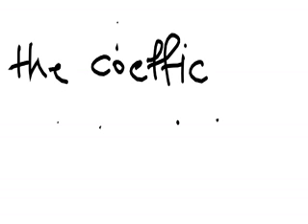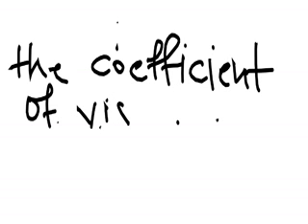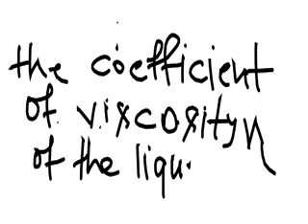Do you know the meaning of coefficient? The number that comes before a variable is called the coefficient. The coefficient of viscosity, eta, of the liquid. What is viscosity, sir?